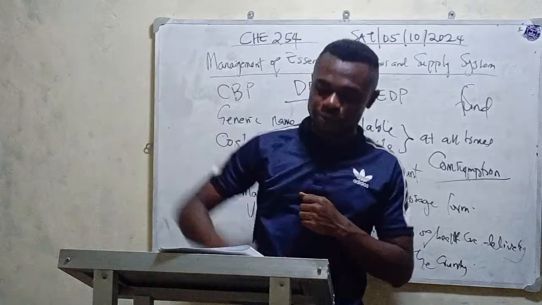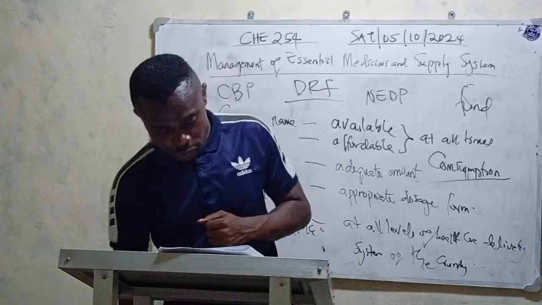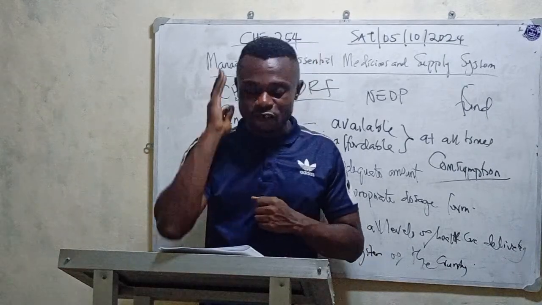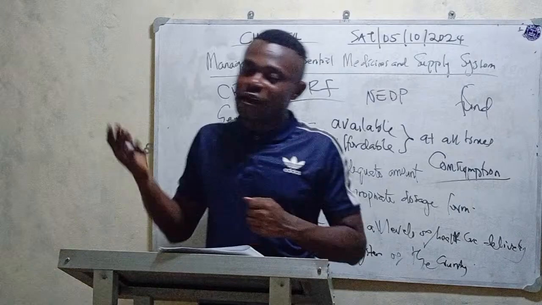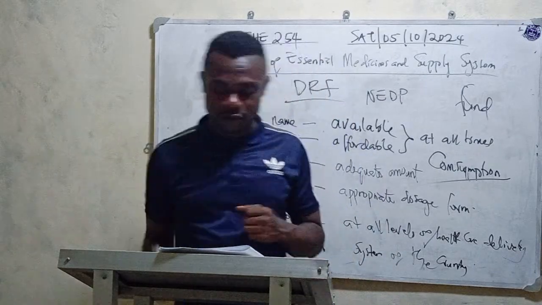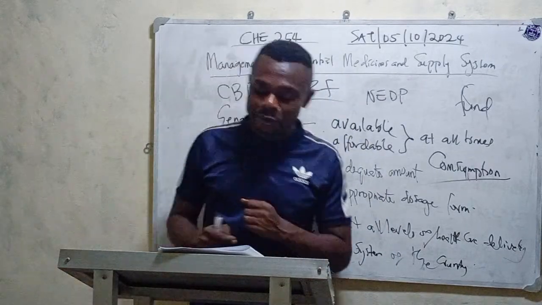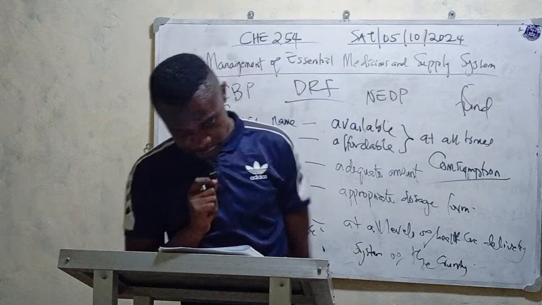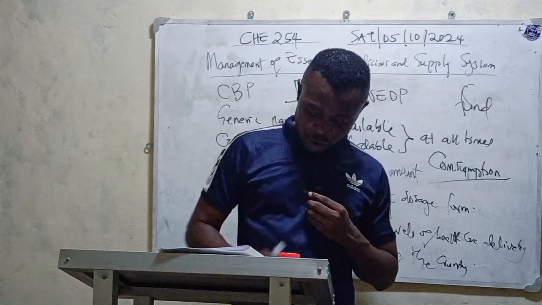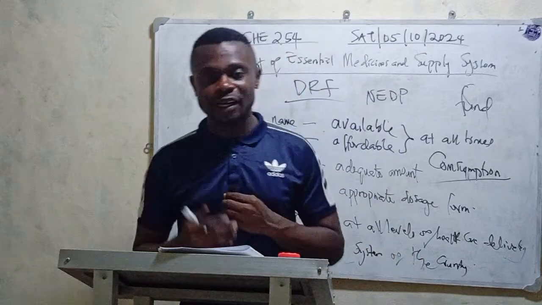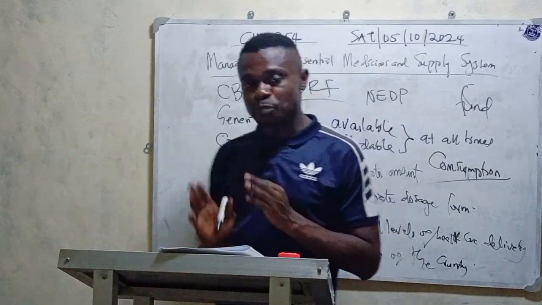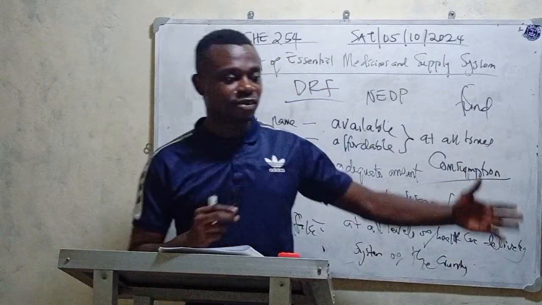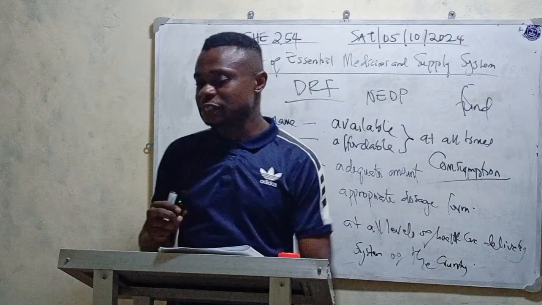Now, the next step is ordering. Having done all these things, put all this quantity and everything, you now make a formal request. Of course, as you're making a request, you make your payments. When this is done, the next thing is receiving. When you receive, you properly enter the quantity received, sign whatever document is presented to you.